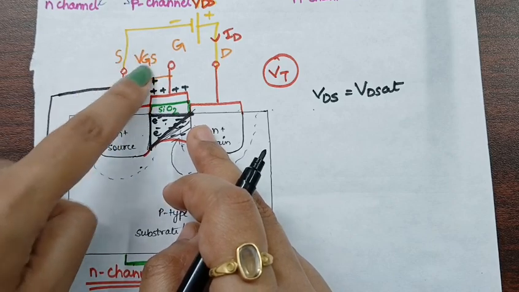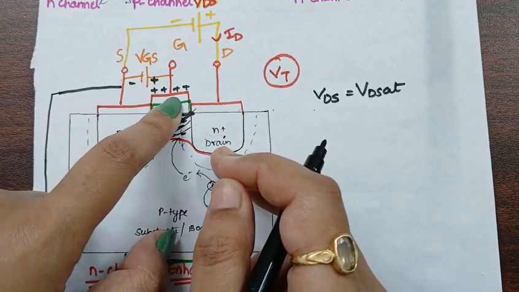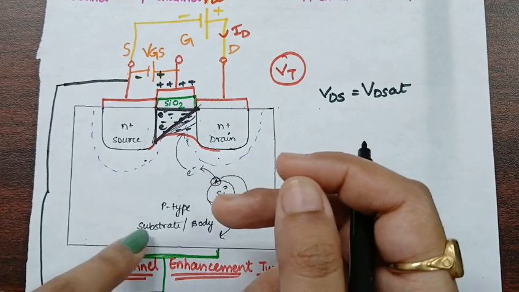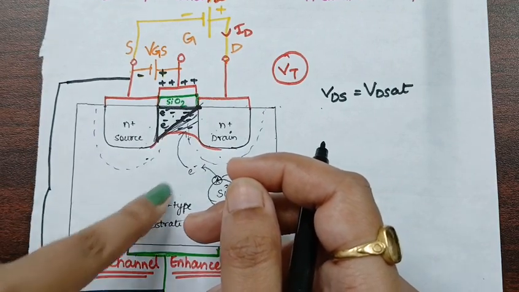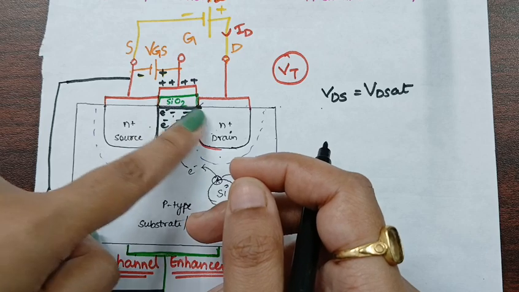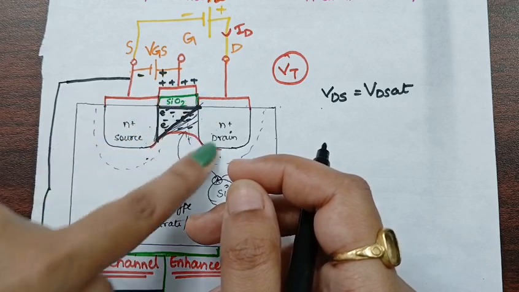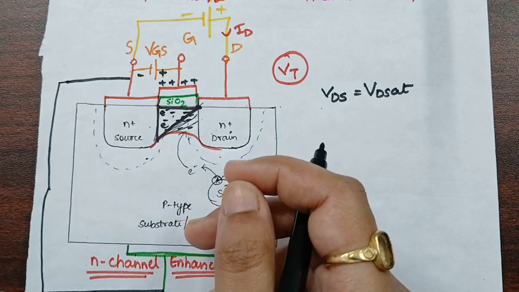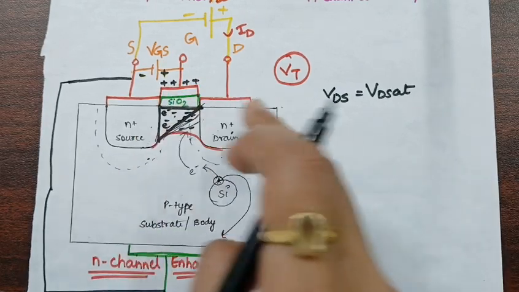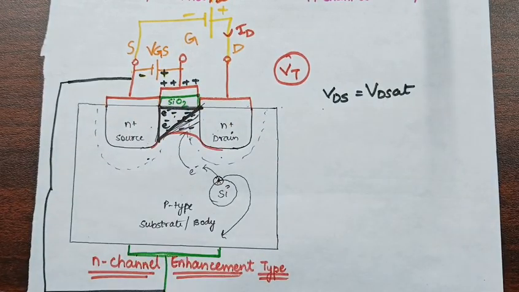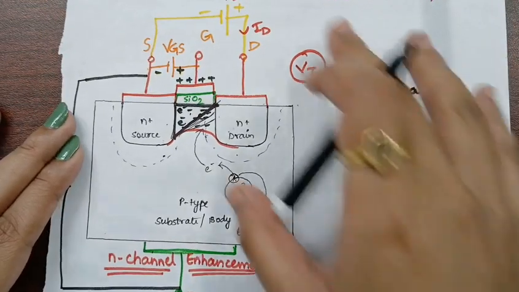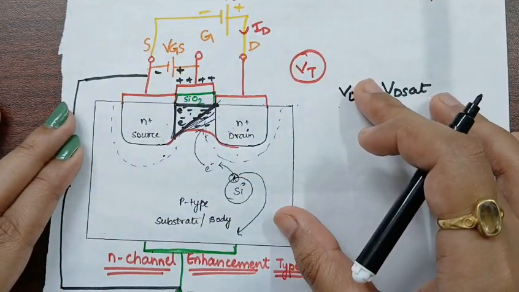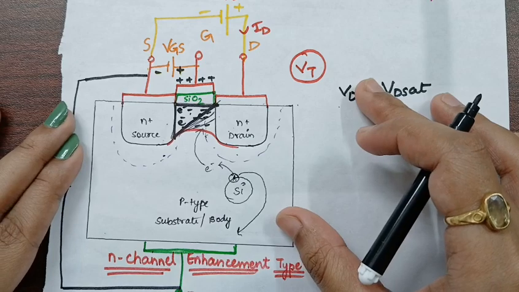If we increase the value of VGS, more concentration of positive charge, so more electrons will be attracted to it, more electrons will move towards there, and hence it will make the channel thicker, and hence there will be a flow of current properly. So this is the proper function or the structure of MOSFET.